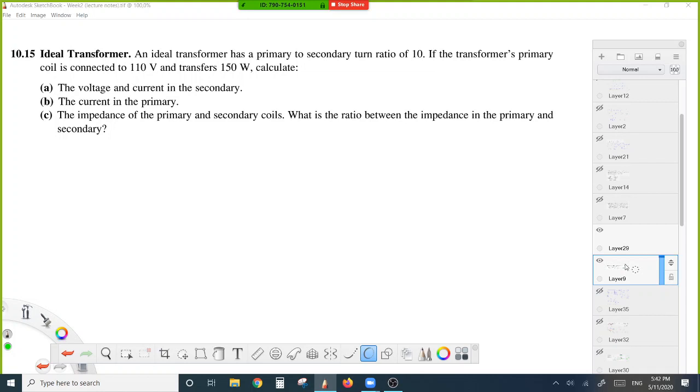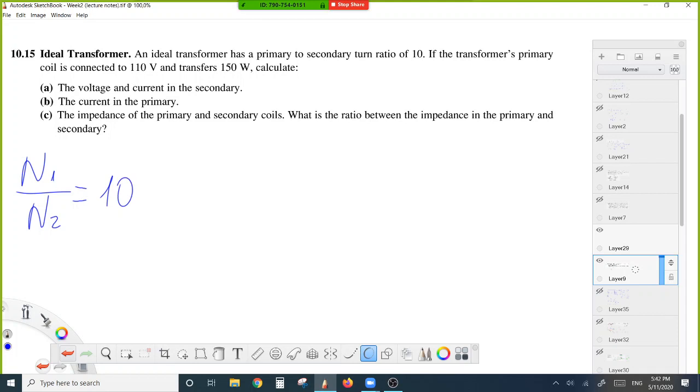So it is saying an ideal transformer has a primary to secondary turn ratio of 10, N1 over N2 equal to 10.